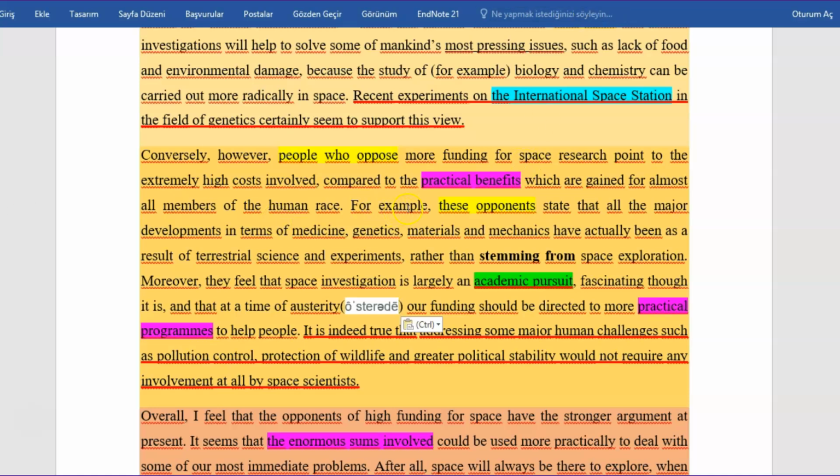For instance, these opponents stated that all the major developments regarding medicine, genetics, materials, and machines have actually been as a result of terrestrial science and experiments, not aquatic.